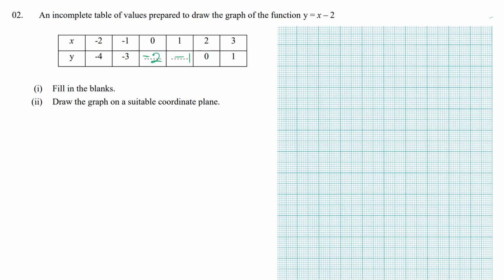So you can draw this x-axis, and here the y-axis. I think you should use your rulers and pencils for this, and when you draw a graph, you should do it as neatly as possible. So draw the graph, let's do it.